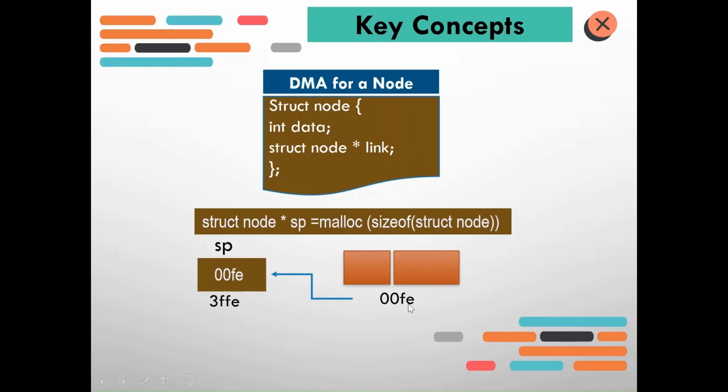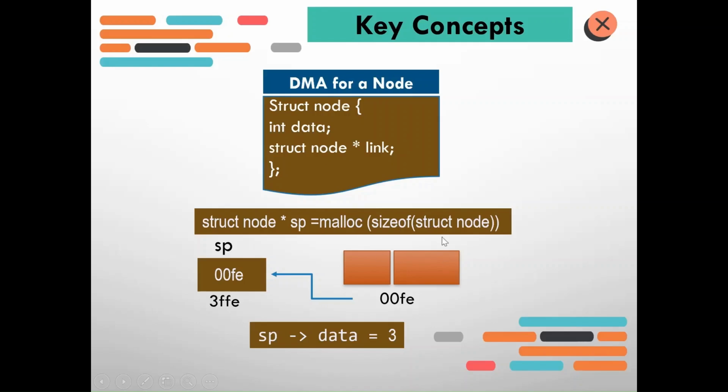Right? So 00FE. Now, how to access? I'm sure you would have already done this while studying structures. I'm just polishing things off, right? When you access a certain memory location as far as this structure variable is concerned, you use this arrow when you are doing dynamic memory allocation.